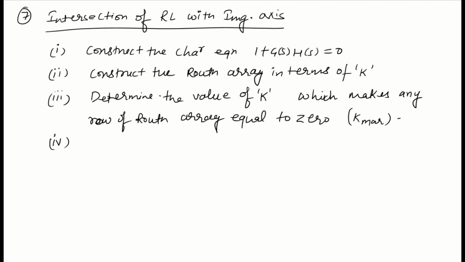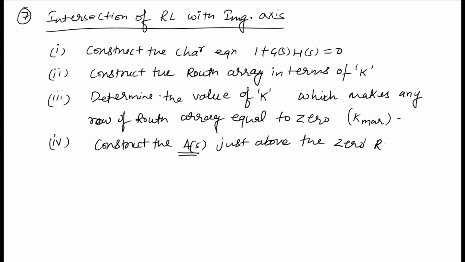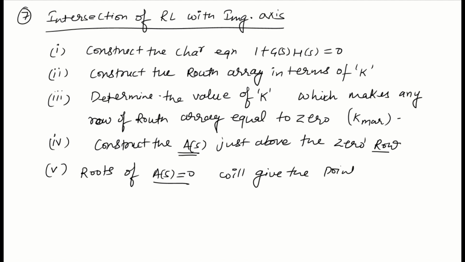In the next step, we will construct the auxiliary equation from the row just above the 0 row of the Routh table, and the roots of this auxiliary equation equal to 0 will give the point of intersection of the root locus on the imaginary axis.